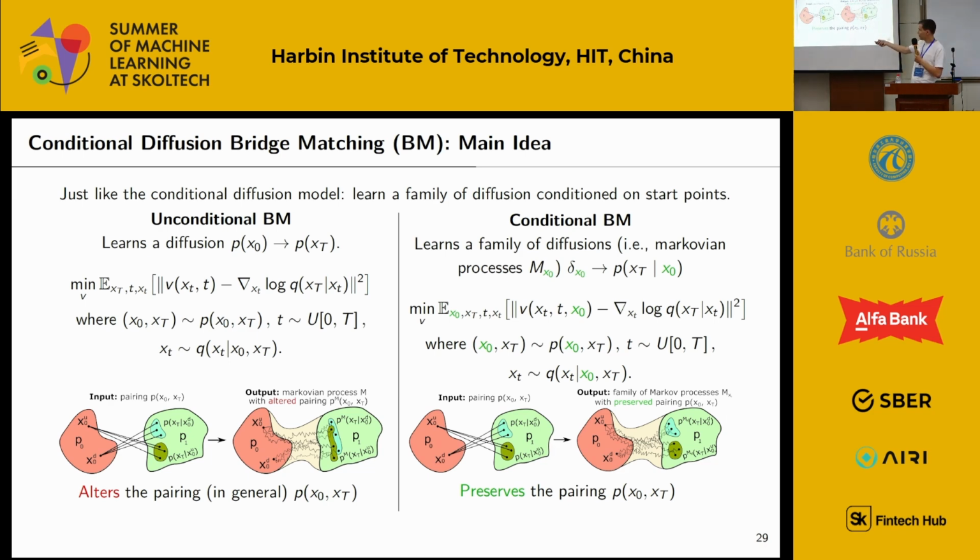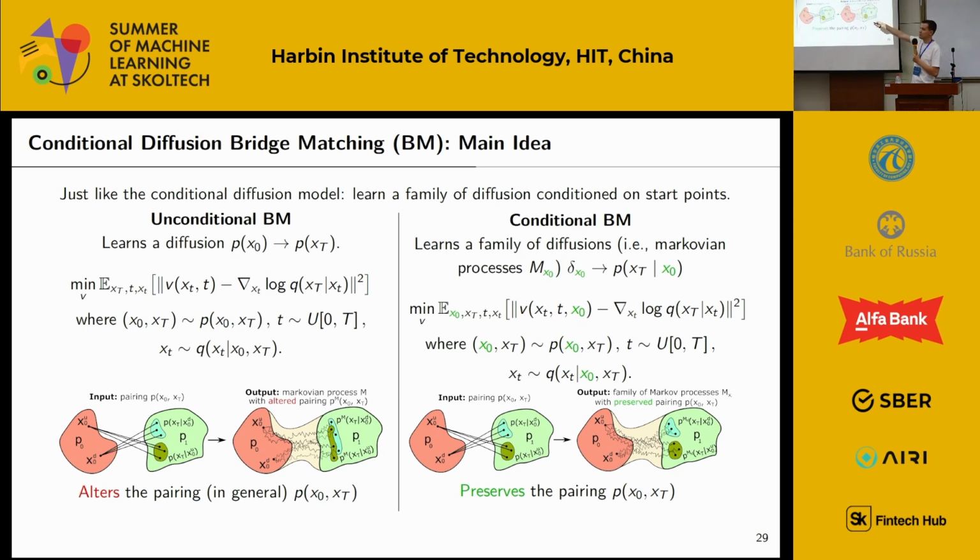So if we want to visualize this, what do we have? Previously, we just learned one stochastic differential equation. Now, for each point, we have its own separate stochastic differential equation. And since it is by design trained to map this delta distribution started at this point to its conditional distribution, the coupling will be preserved.